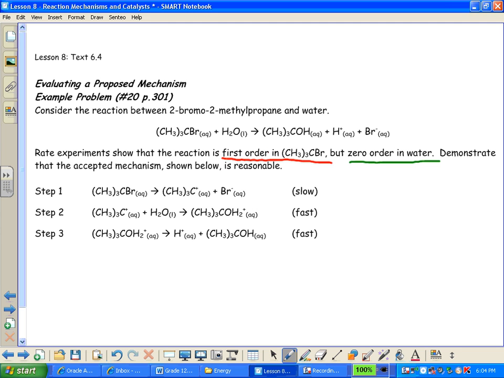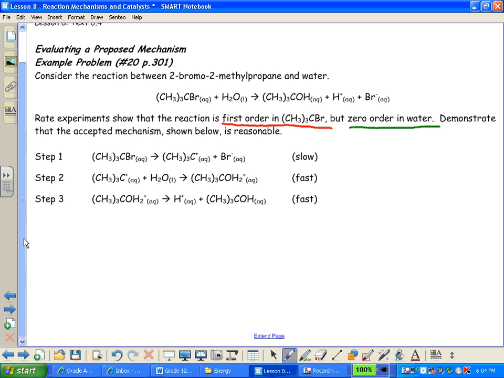Demonstrate that the accepted mechanism shown below is reasonable. Just like our buttered toast before, we had 2 different reactions. In this one, we have 3 different reactions in order to hit our target equation. Just like we had for Hess's law, this would be your target equation. That's our goal.